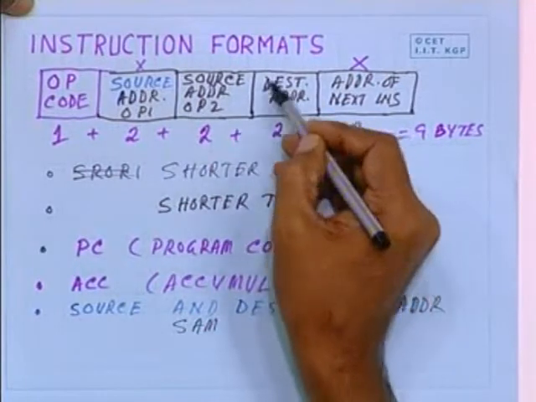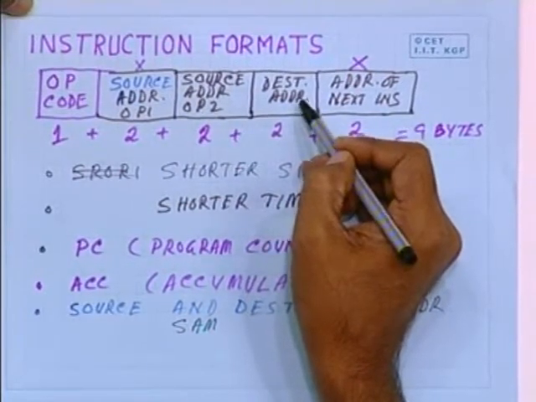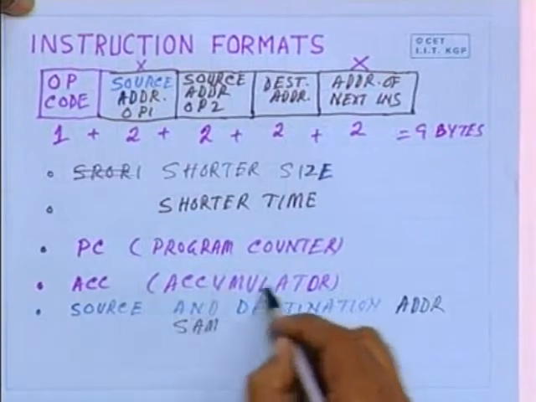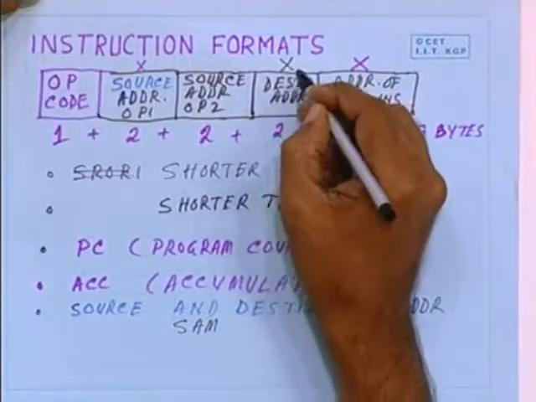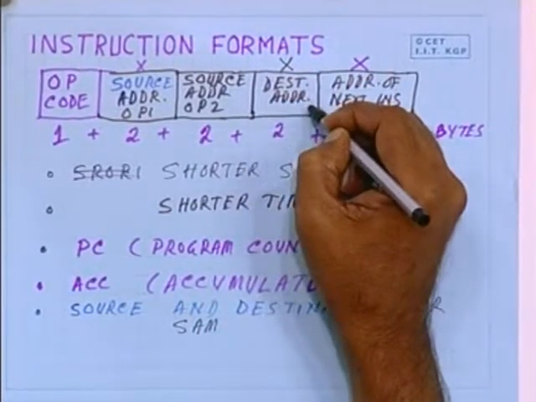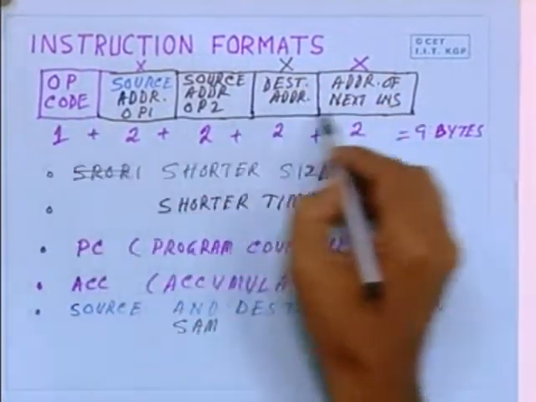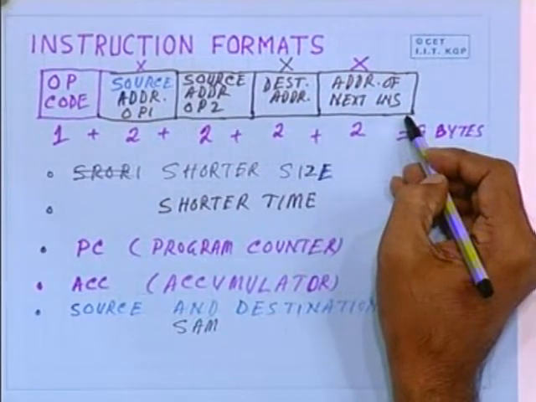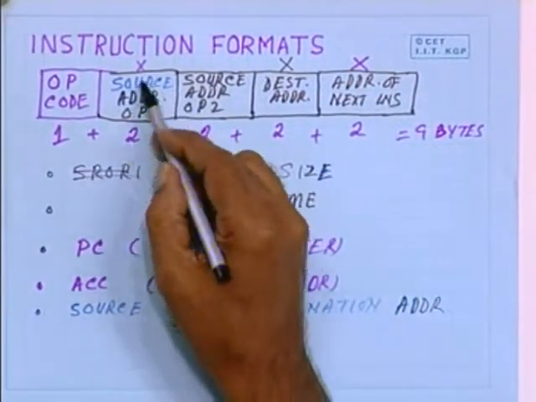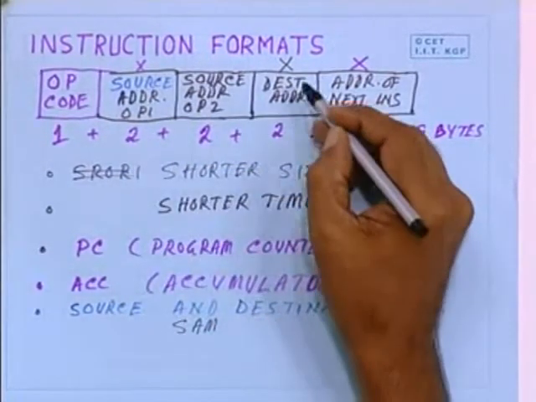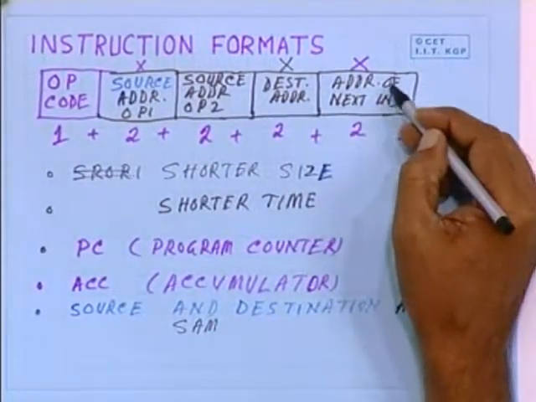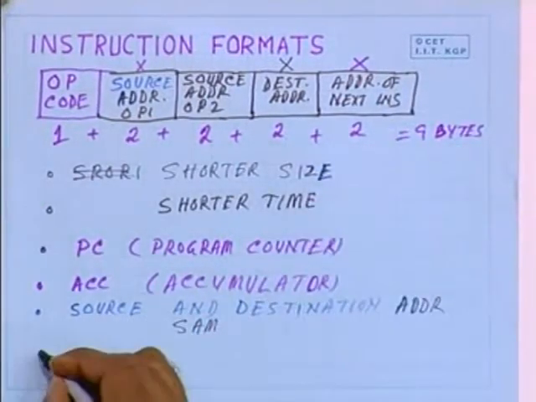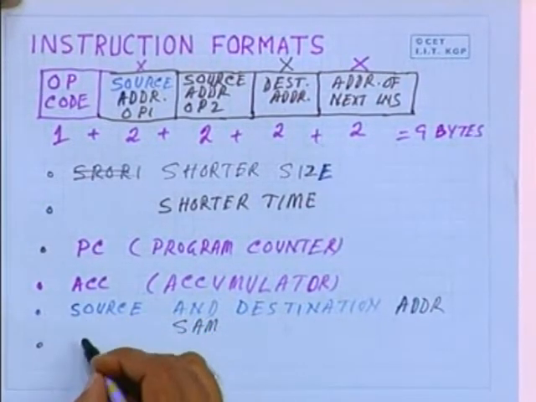You can store the result, that means the destination, in the accumulator itself. So the accumulator is the source of the address as well as the destination of the address. You will store the result in the accumulator. So this part, the destination address, need not be provided as part of the instruction. So we have been able to remove the source of operand 1, the destination address and the address of the next instruction from the instruction.